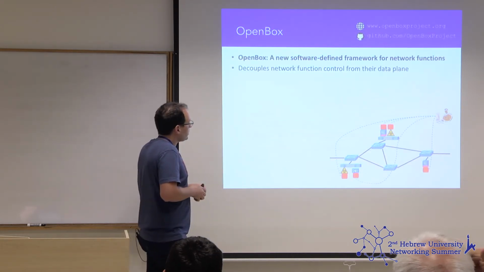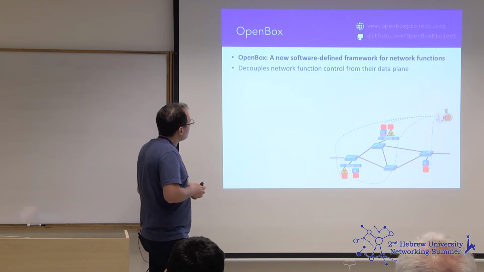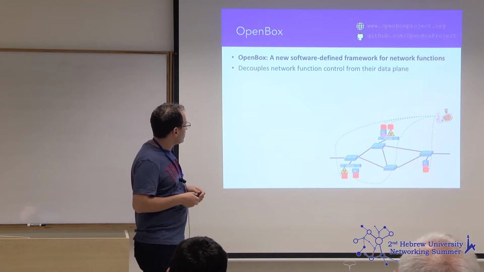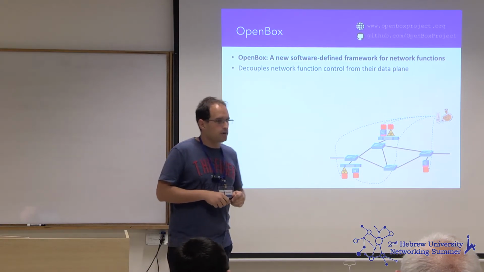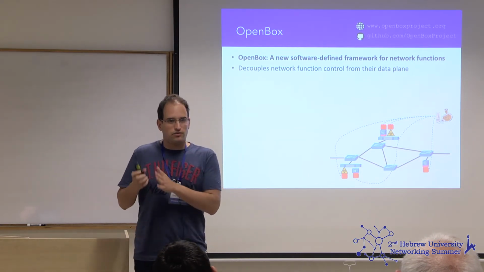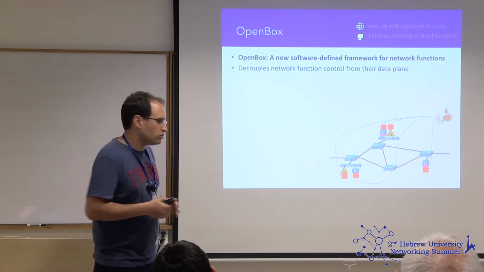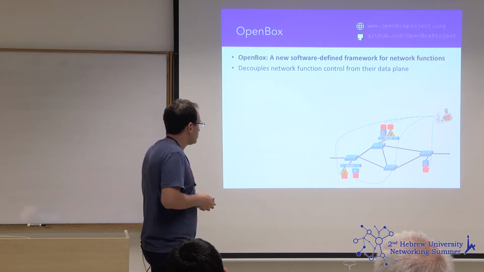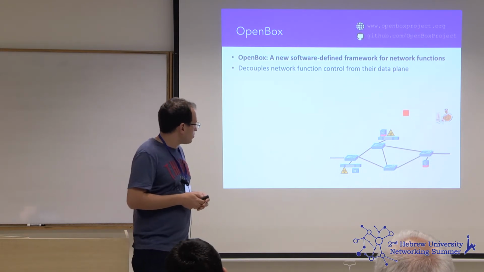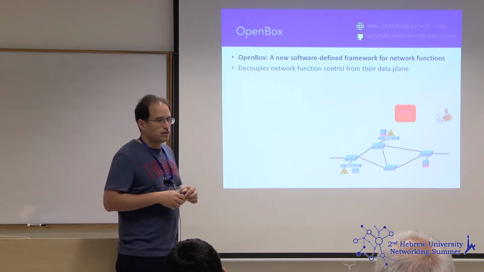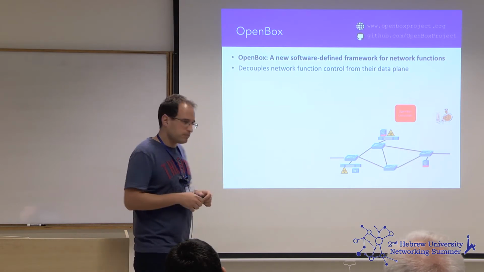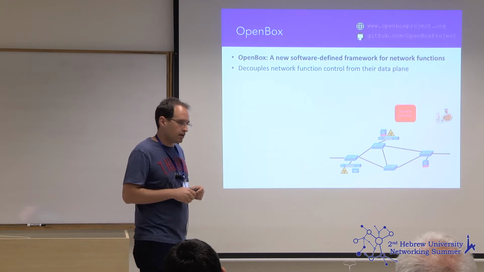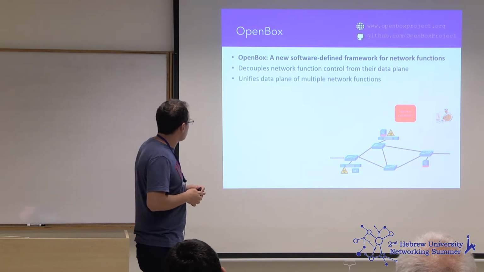This was our starting point, and we created this software-defined framework for network functions. Our idea was to decouple, as SDN did for forwarding devices. We wanted to decouple the control plane of network functions from their data plane, so that we have a control plane on top of everything, and the data plane is dumb and fast, as I said in the SDN context.